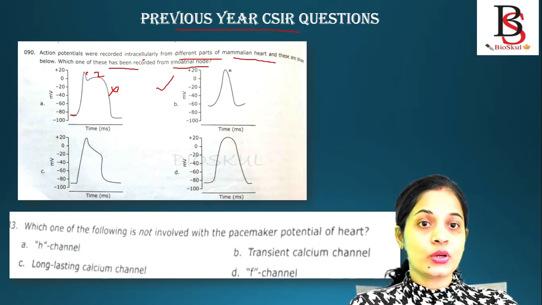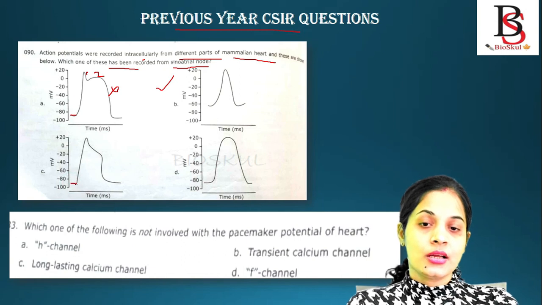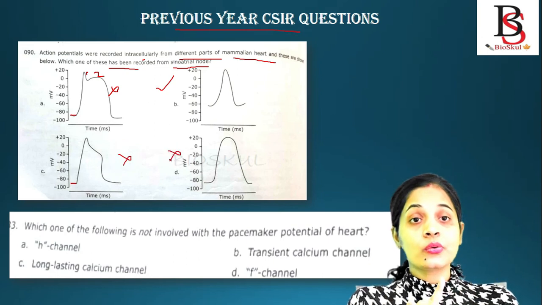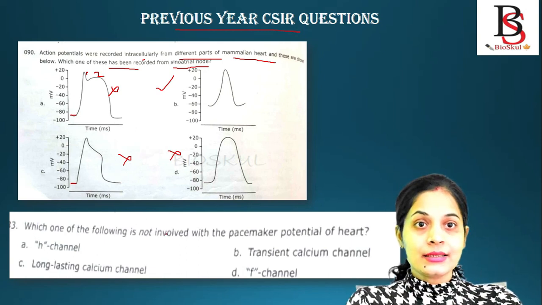Here there is no resting phase, also phase 1 and phase 2 are absent. So this is the correct option. Let's see the other two. This one is also wrong because it has the resting potential. This one is also wrong. This is a very simple question. You can solve it in only 1 second, maybe less than that, but it carries 4 marks. Let's see the next one.